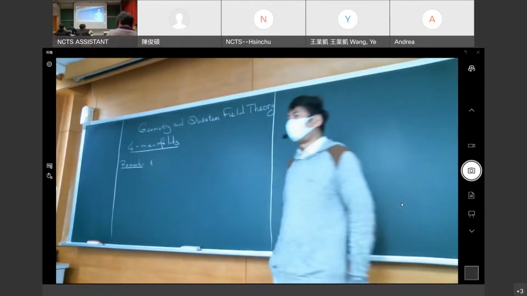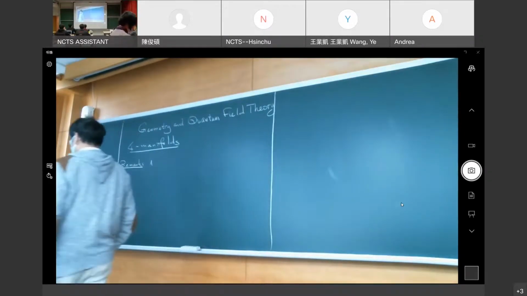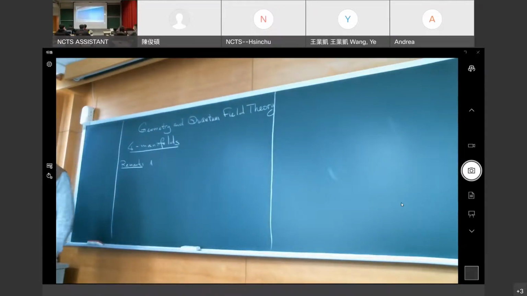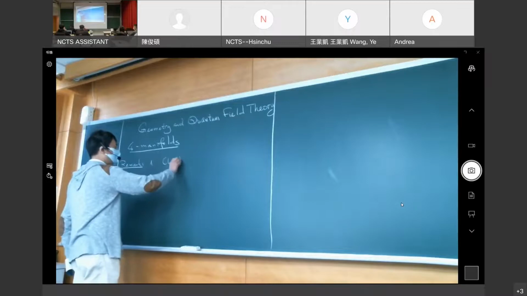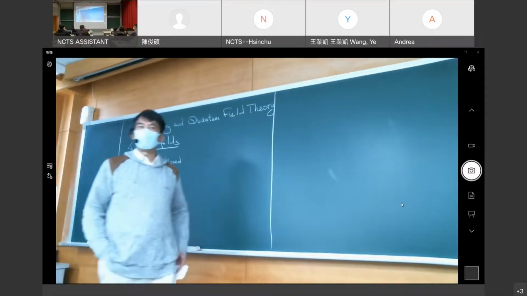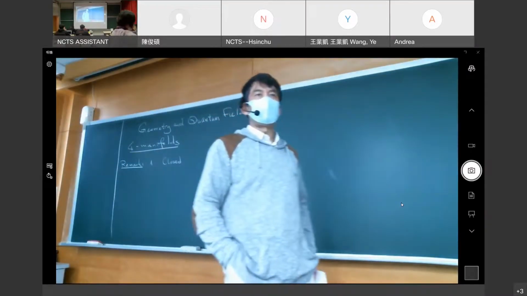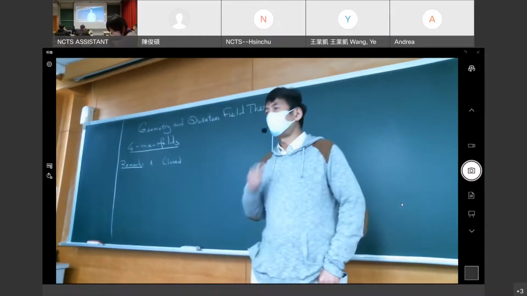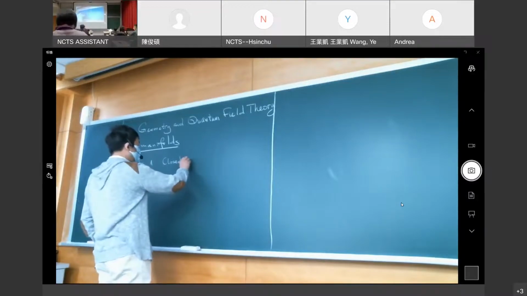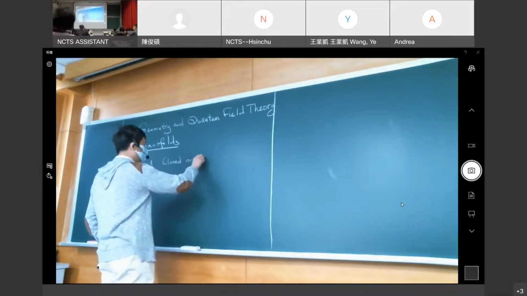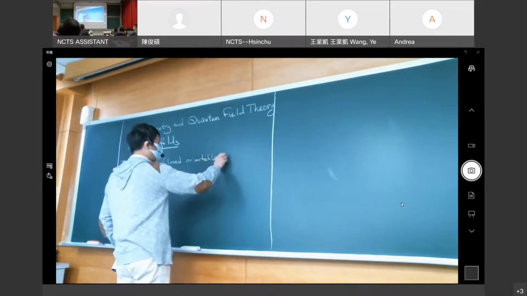Suppose we want to classify compact oriented surfaces without boundary. I'll say closed. Closed means manifolds that are compact and without boundary. So suppose we look at closed orientable surfaces.